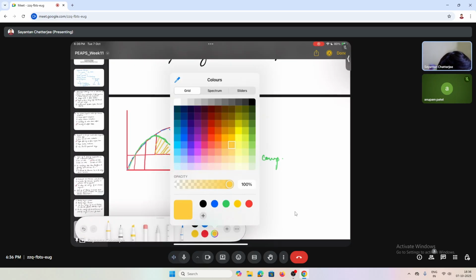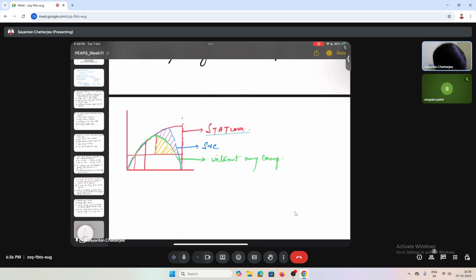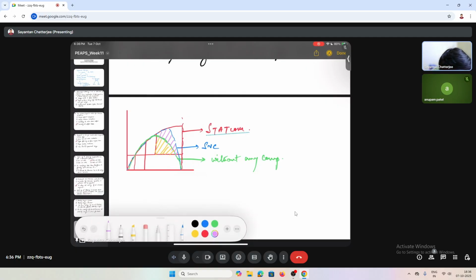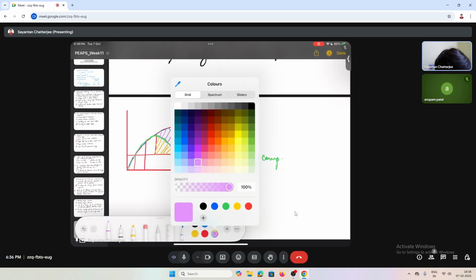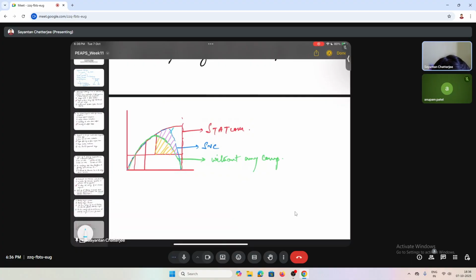For this value, using SVC, this much stability margin improvement we have obtained. But using Statcom, a further increment in stability margin is obtained. So in any of these cases, Statcom will have higher stability margin than SVC.